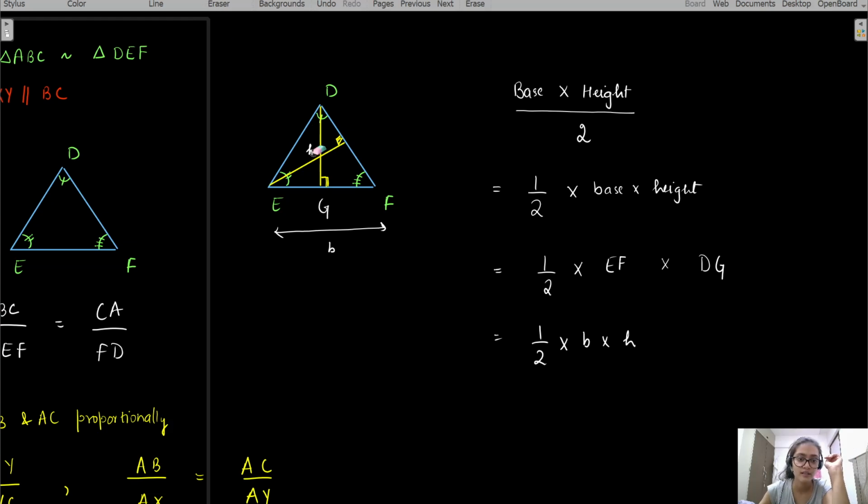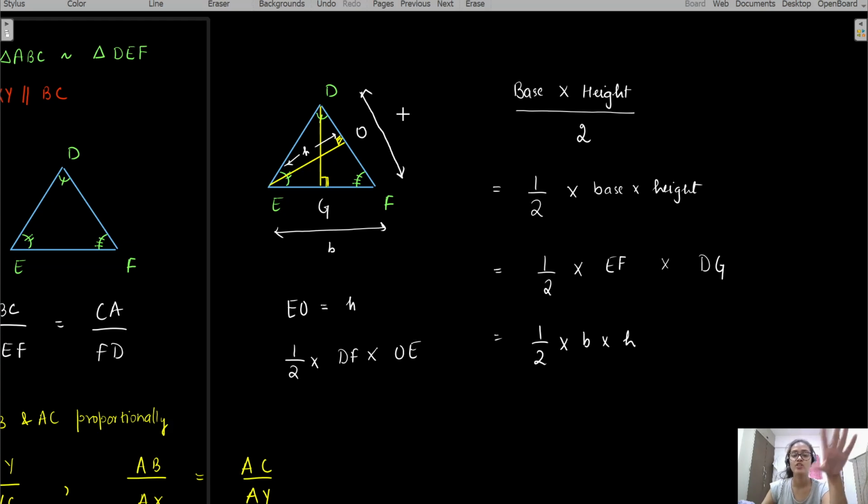So for instance, let's consider that this is O, and the length of EO is h units. Then in that case you're gonna take your base as DF. So now your area will be half times your base DF and your height OE.